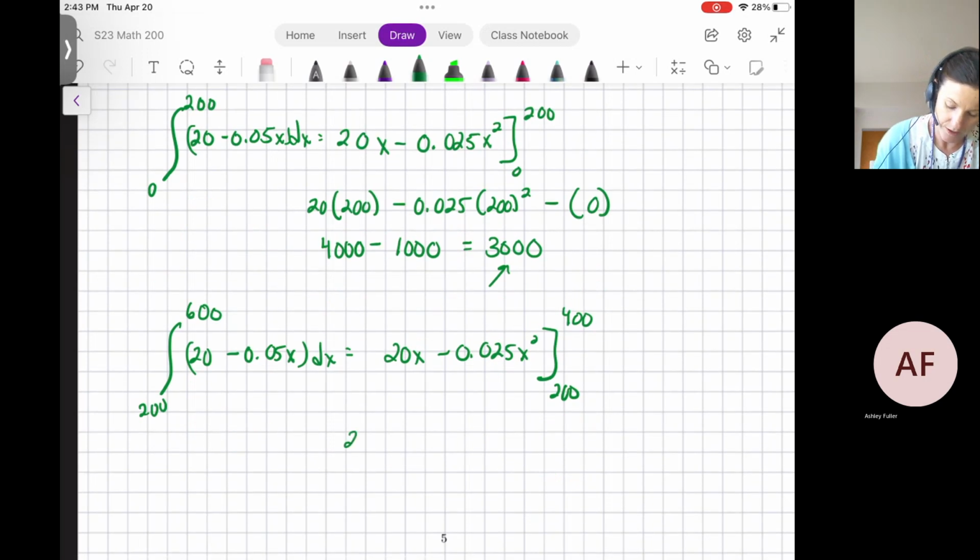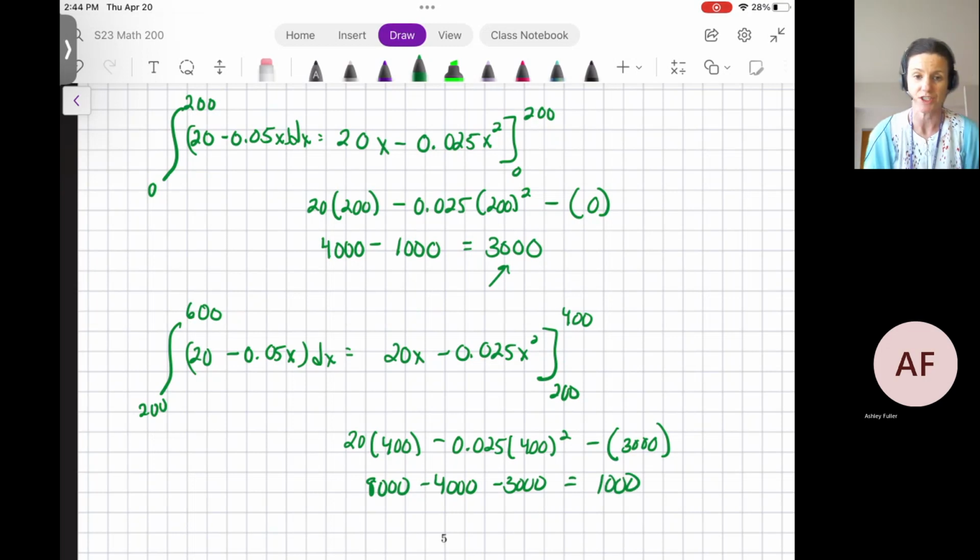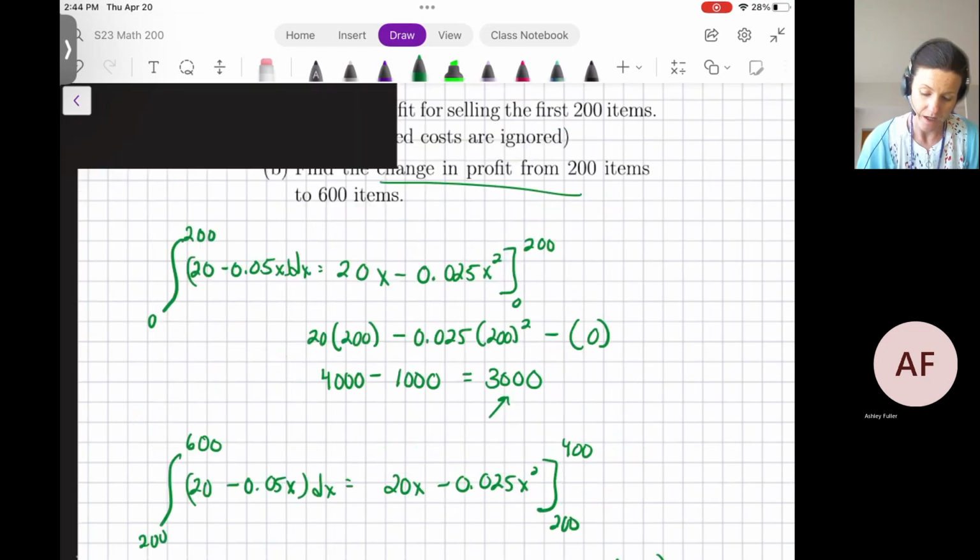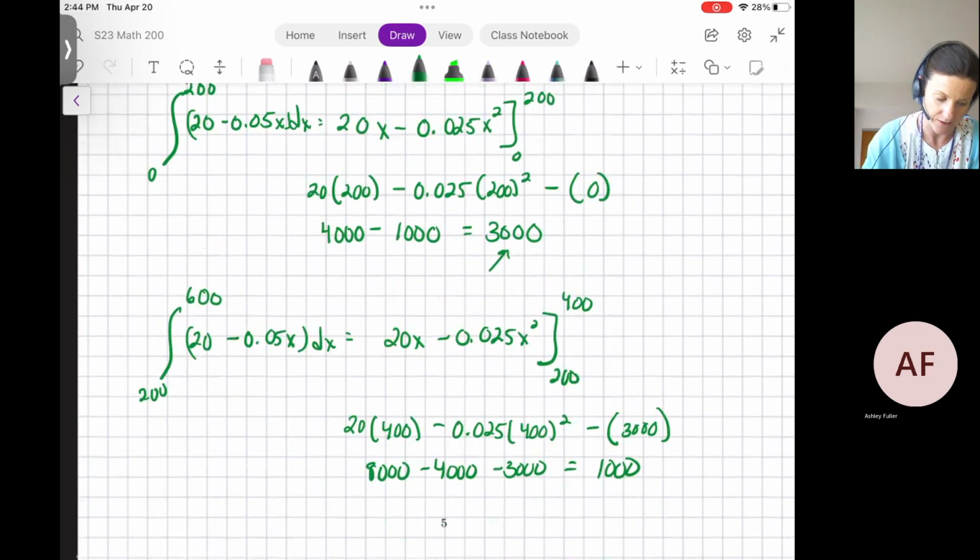So when we plug in our 400, we have 20 times 400 minus 0.025 times 400 squared. And then we can simply subtract the 3,000 that we already calculated when we plugged that value in. This results in 8,000 minus 4,000 minus 3,000, which gives us a change in profit from 200 to 400 of, and I'm sorry, 200 to 600 of those items.